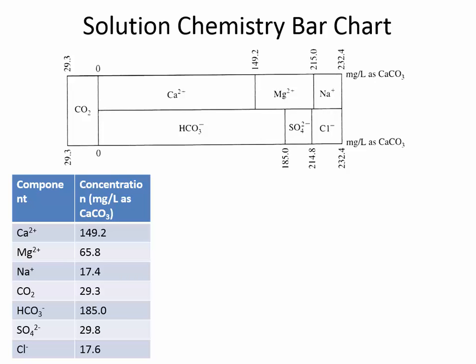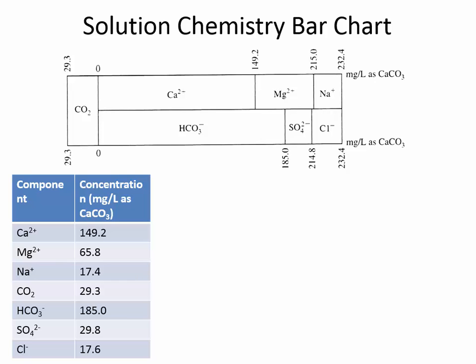The carbonate portion of it is 185. So NCH, non-carbonate hardness, is the total hardness minus the carbonate hardness. So the total was 215 minus 185, which is 30 milligrams per liter as CaCO3.